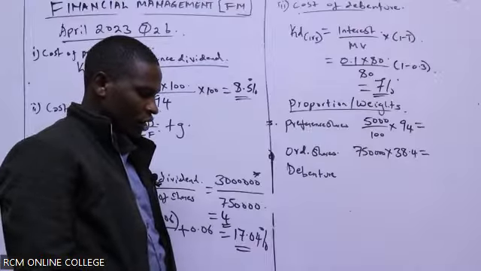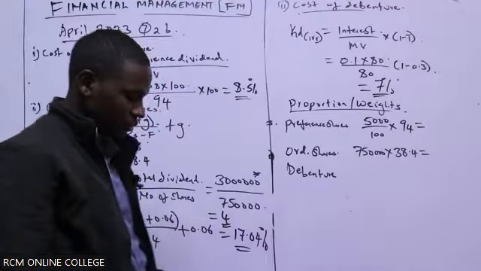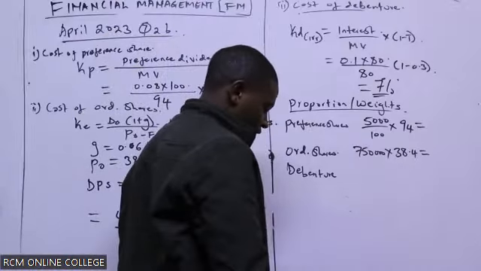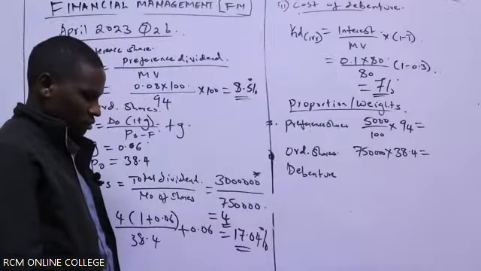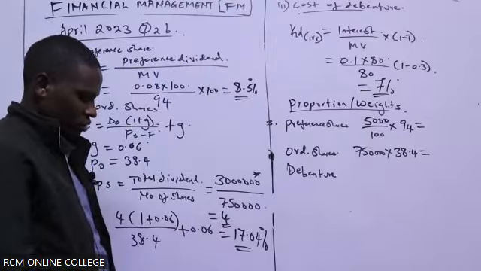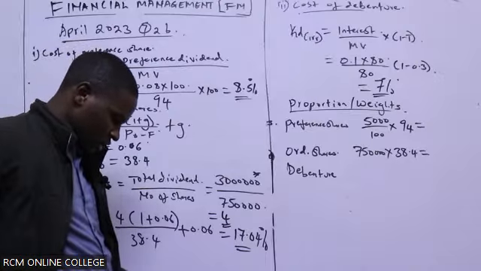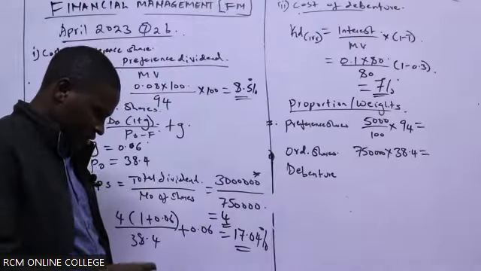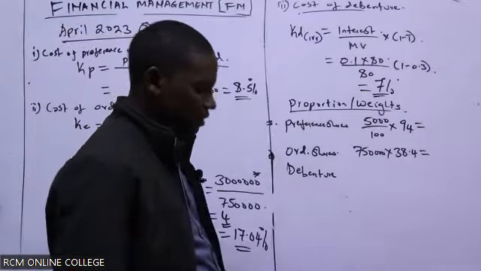So our debenture itakuwa namna gani? Debenture yetu, we have 7,500, right? And we don't have par in this case.